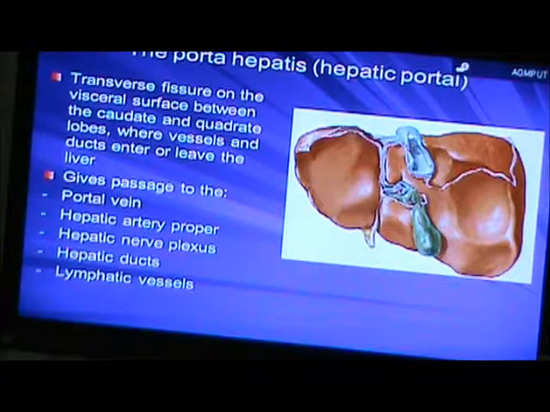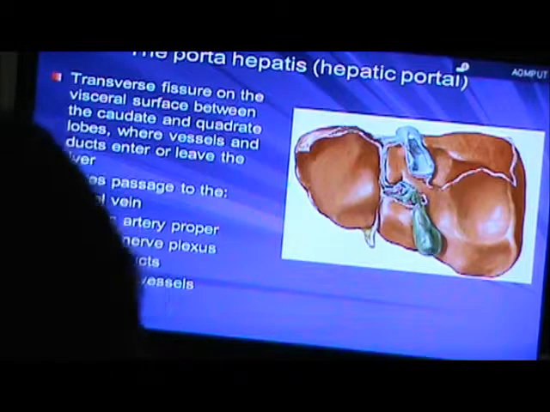Look, on the visceral surface of the liver, I've told you that there is the left sagittal fissure, and soon we will talk about it, and the right sagittal fissure. Between them there is the porta hepatis, or hepatic portal. The porta hepatis is a transverse fissure on the visceral surface between the caudate and quadrate lobes, where the vessels and ducts enter or leave the liver.